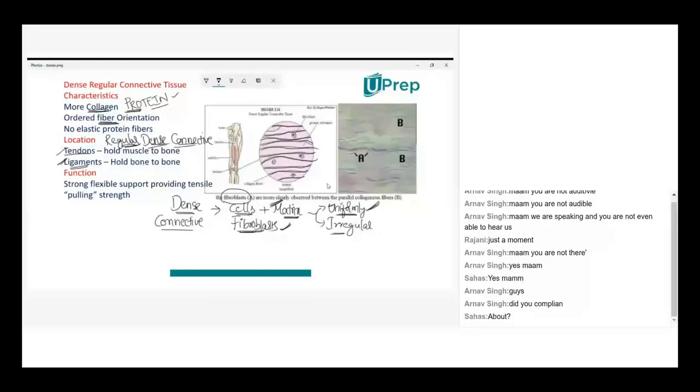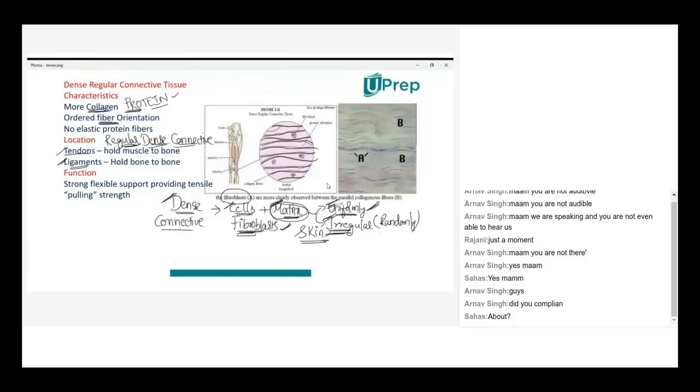And sometimes the collagen fibers are arranged irregularly, meaning they'll be arranged randomly. Such randomly arranged, compact collagen fibers you will observe in skin. Okay. So here two terms. The dense connective tissue will have cells called fibroblasts, either arranged regularly or irregularly in the matrix.